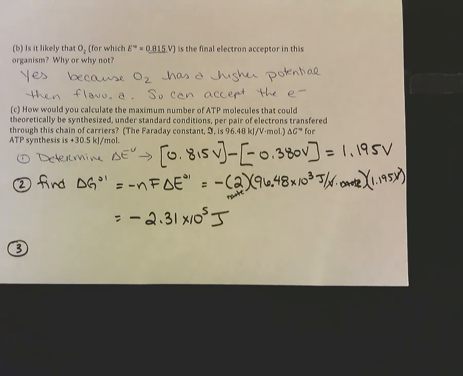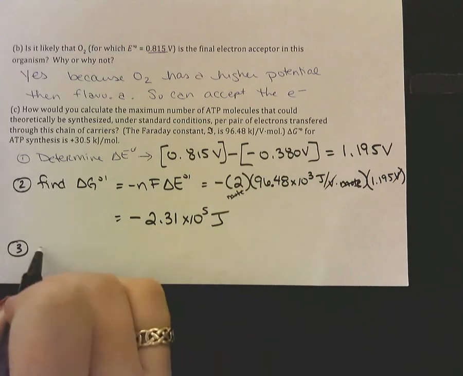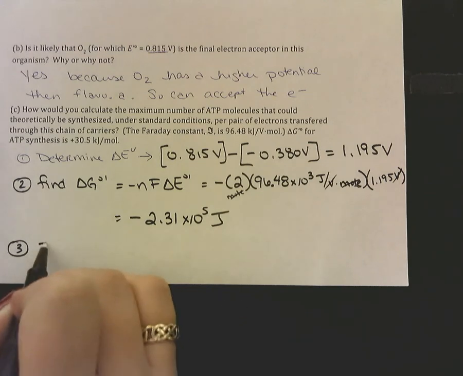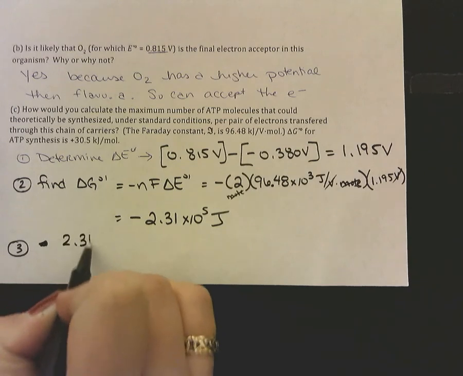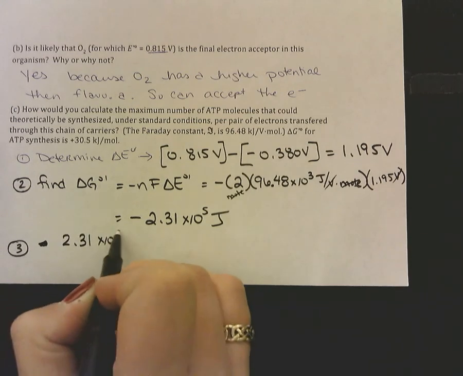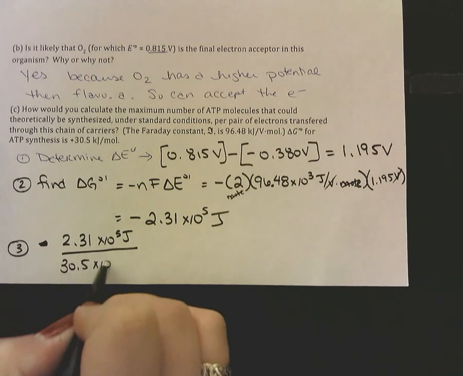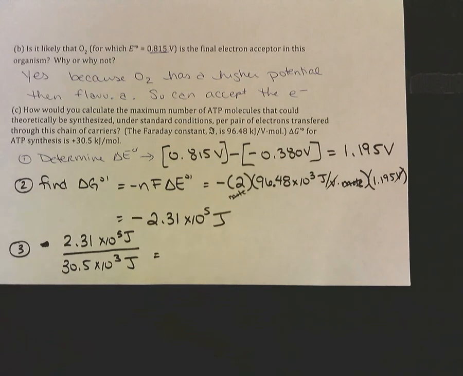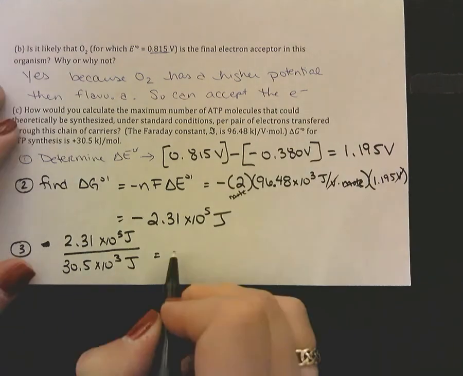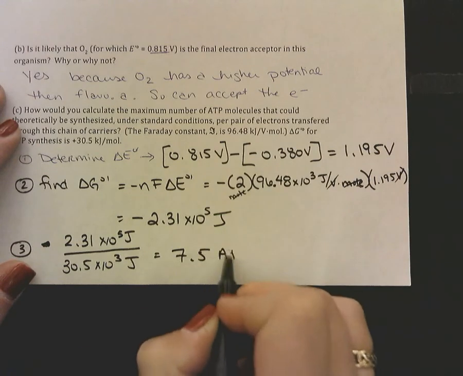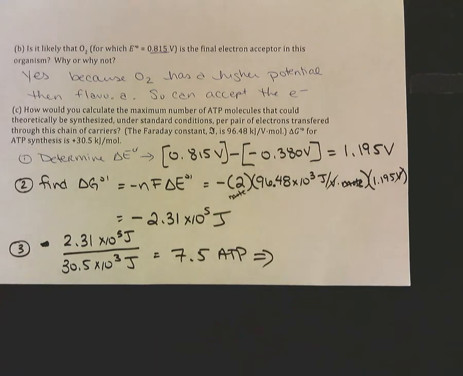So 1 ATP takes 30.5 kilojoules. So you can either convert back to kilojoules or leave it in joules. Can you make half an ATP?